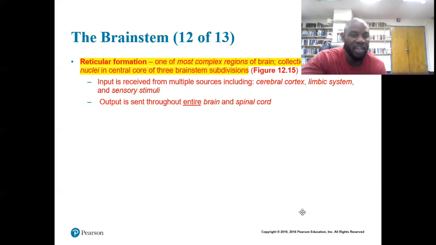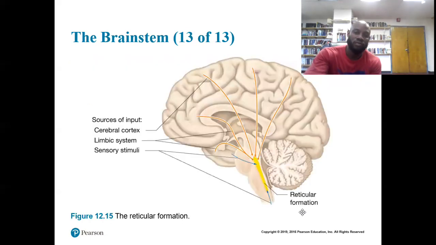Output is sent throughout the entire brain and spinal cord. So this reticular formation, these 100 nuclei in the central core of your brain stem, receives input from different parts of your brain and sensory stimuli, and then sends information throughout the entire brain and spinal cord. And it's showing you that there, these 100 nuclei, cell bodies, in the center of your brain stem.